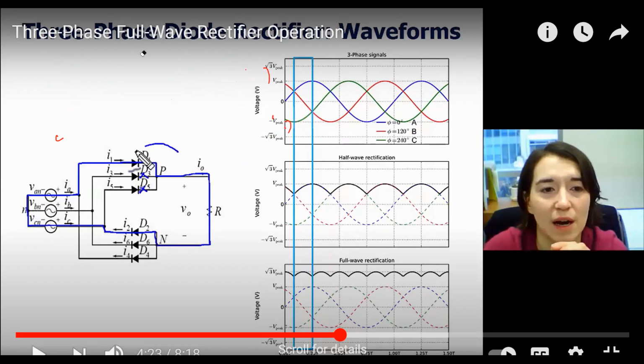Here, phase A has been marked as a blue line. This blue line is your phase A. And then after 120 degree, the red line, which is after minus 120 degree. Go back and see. This is your zero crossing, and after 120, that should be zero crossing here.